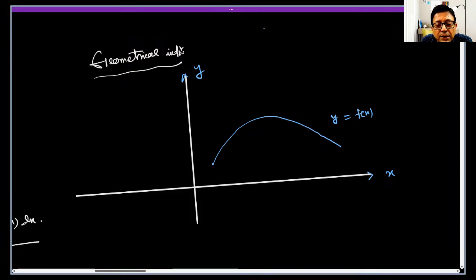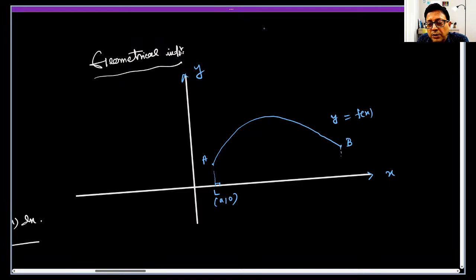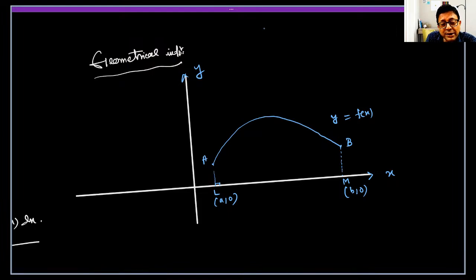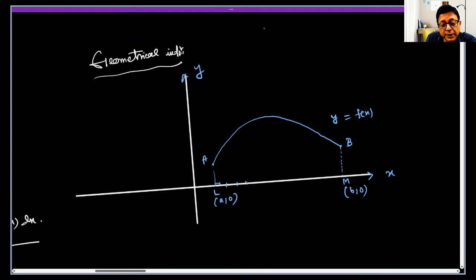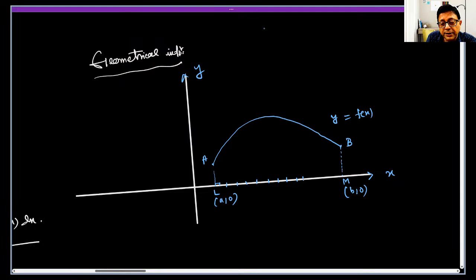And this point is A, the extreme points are A and B. If you draw a perpendicular, that is L, it is (a, 0), and BM, that is (b, 0). What we did there, we have divided the interval into n number of parts. Then we said n is tending to infinity.